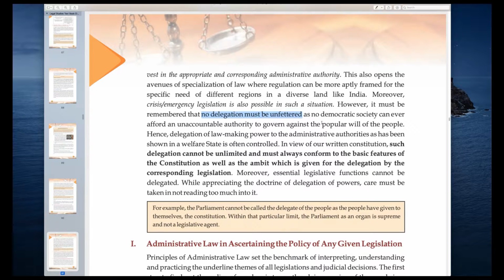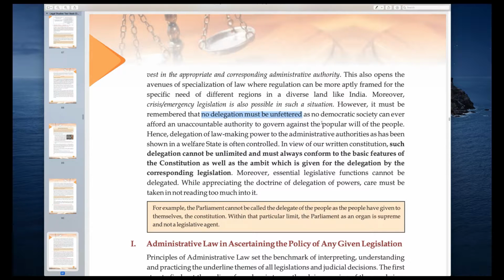So in such a democratic setup, any delegated legislation is not uncontrolled or arbitrary, not at all. Whatever legislation is done by these authorities is a matter of review.